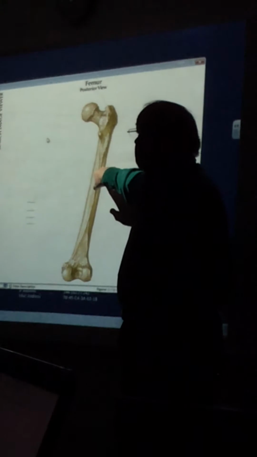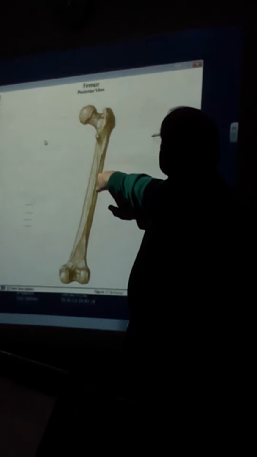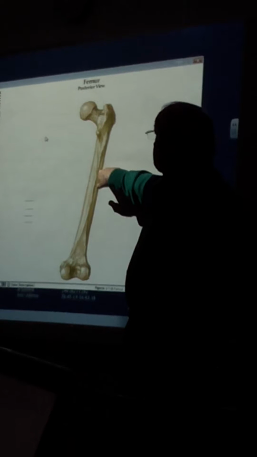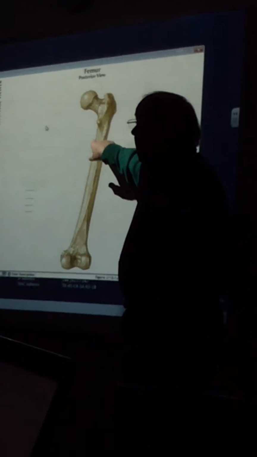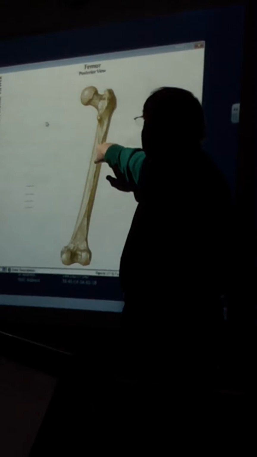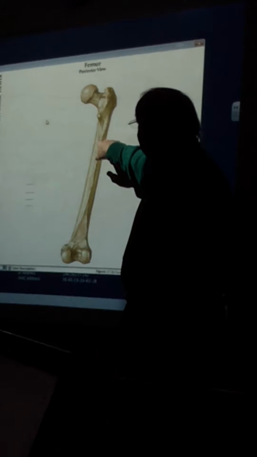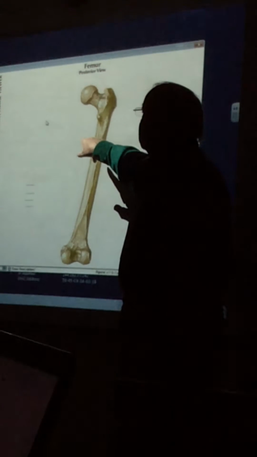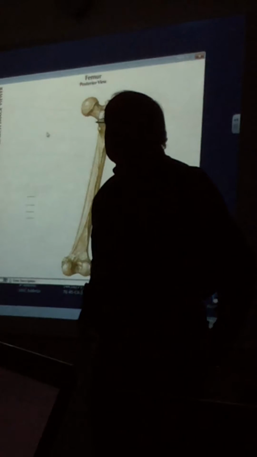This is the linea aspera, right? No, I'm sorry, this is the gluteal tuberosity here. And what does gluteus mean? We're looking at the posterior. Buttocks, right? And some of these lines are really big, some of them are smaller. It just depends how much muscle pull you have on them. Some of these football players, I promise you, you look at their bones and that gluteus, that's a lot of power.